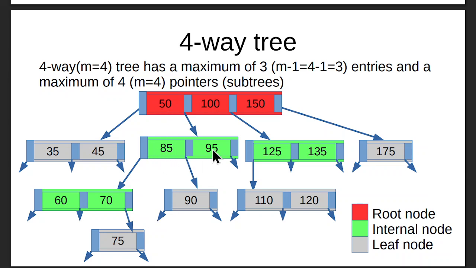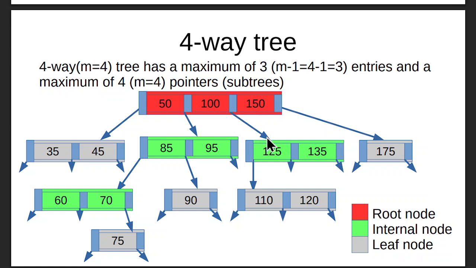85, 95 is greater than 50, 60 is greater than 50, 70 is greater than 50, 90 is greater than 50, 75 is greater than 50. But there's also one other property they need to satisfy, that they must be less than 100. So they are all greater than 50 but less than 100.